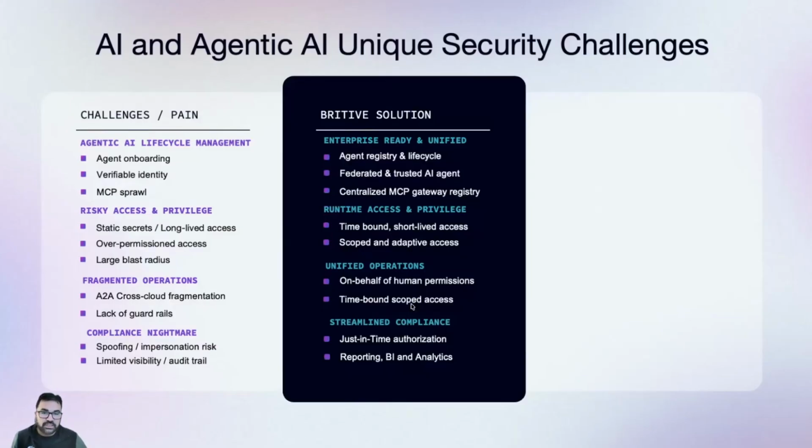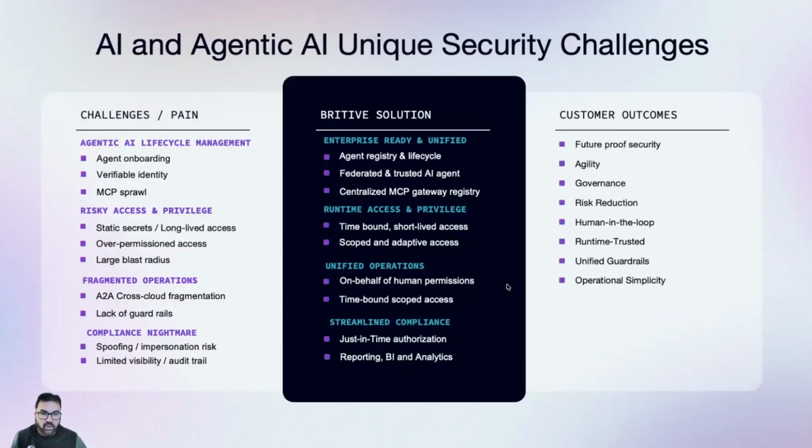Brightive solves these challenges with an enterprise-ready platform, a centralized agent registry, runtime policy enforcement, and just-in-time ephemeral permissions. This ensures time-bound scoped access and unified audit trails, and the result is very obvious. It's a future-proof security architecture with agility, governance, and operational simplicity built into the platform, and all with zero standing privileges.